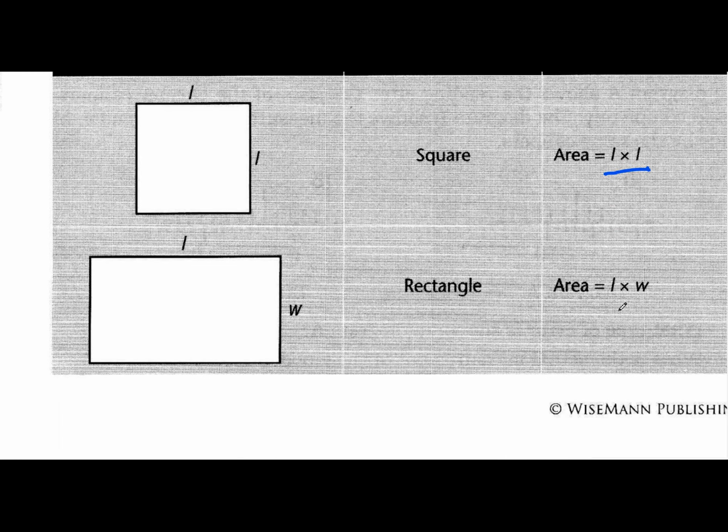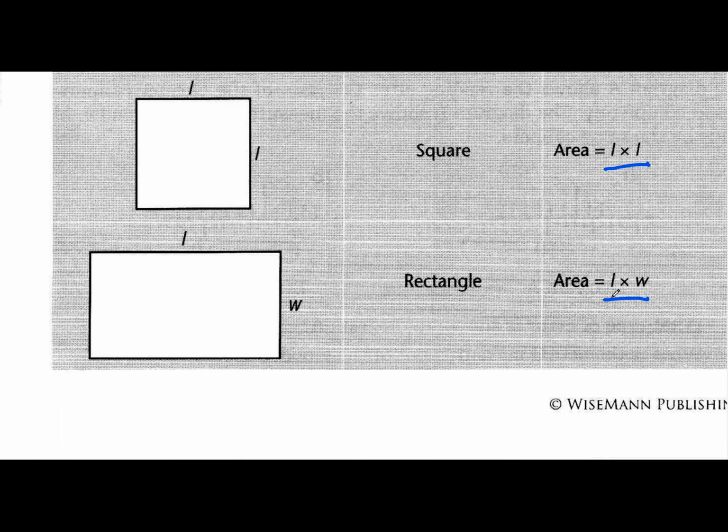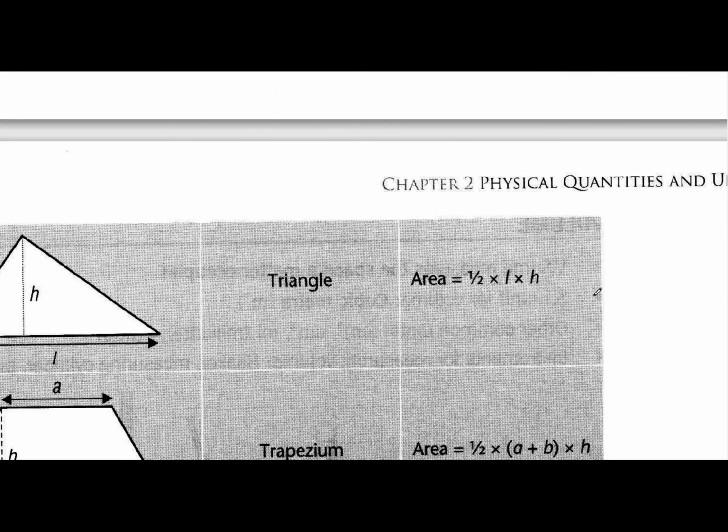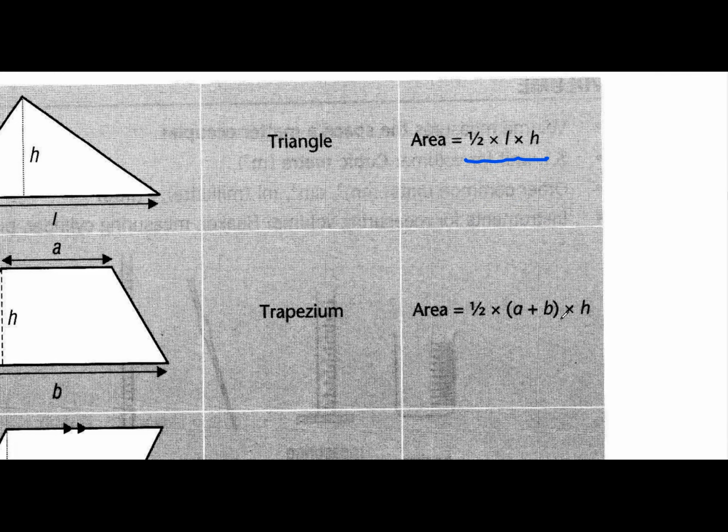The formula for the area of a rectangle is length multiplied by width. The formula for the area of a triangle is half multiplied by length multiplied by height. The area of a trapezium is half the sum of the parallel sides multiplied by the width.